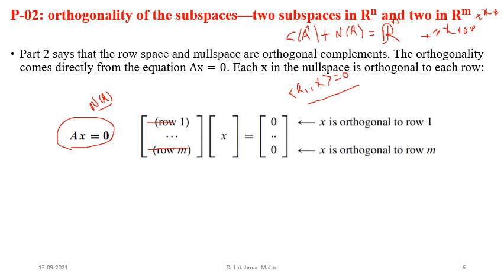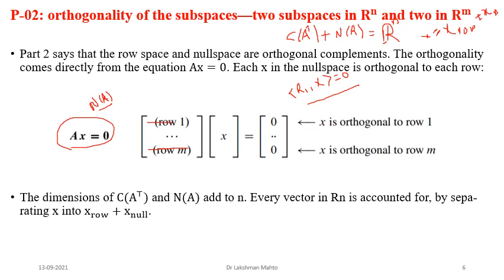Here we can see the orthogonality picture between the row space of A and the null space of A. Similarly, we can see the orthogonality picture between the column space of A and the null space of A transpose.